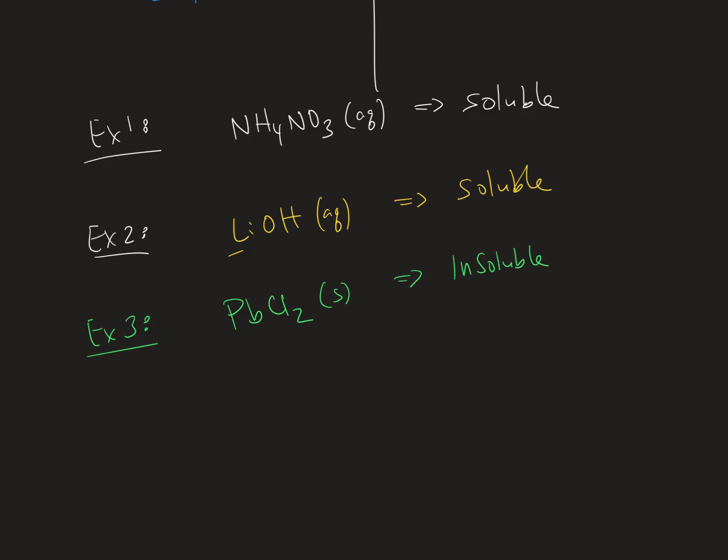Then example 4 is Fe(OH)3, iron(III) hydroxide. Soluble or insoluble? It's not on our chart, therefore we assume it is insoluble.